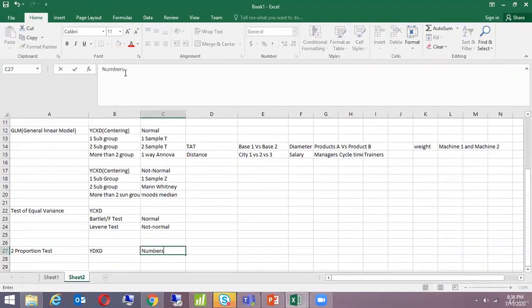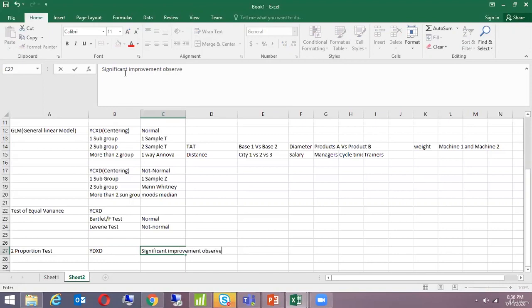The purpose of this test is to check whether there is a significant improvement observed from pre-project to post-project.